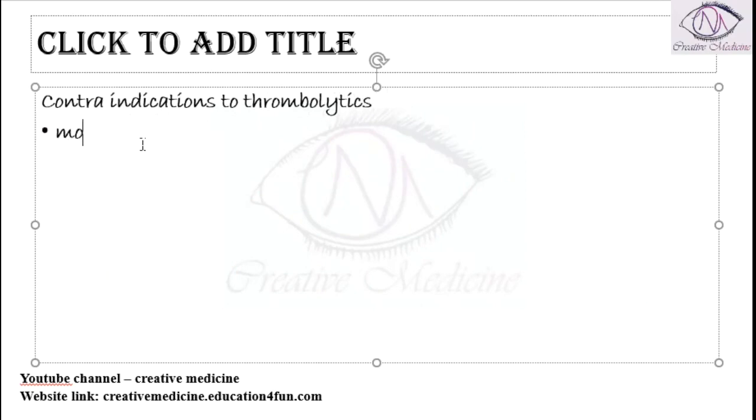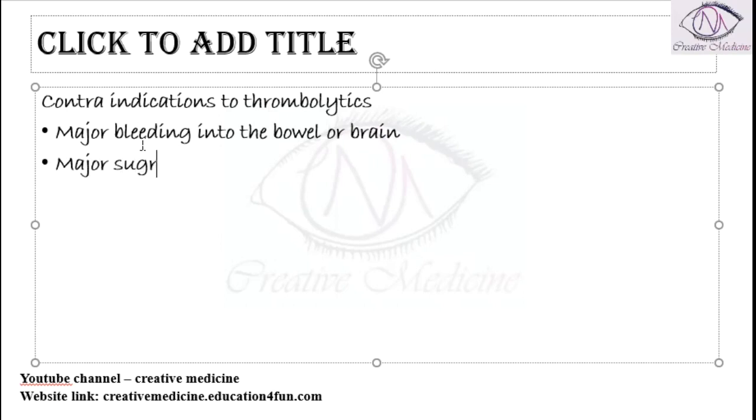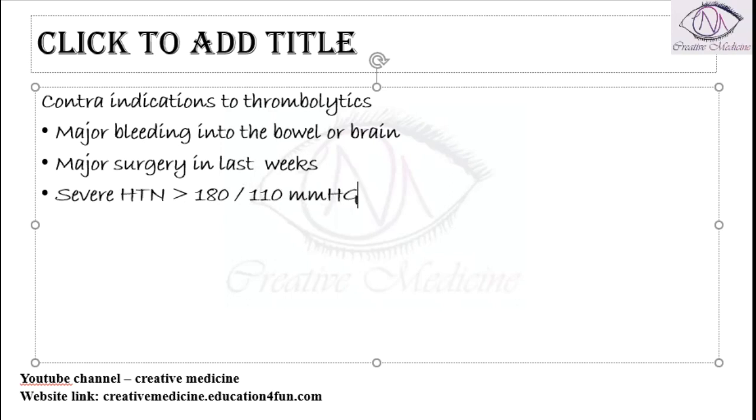Thrombolytics are not used if there is any history of major bleeding into the bowel, or any major bleeding into the brain, or any major surgery in the last 2 weeks, or severe hypertension of more than 180 by 110 millimeters of Hg, or any non-hemorrhagic stroke in the last 3 months. In all these conditions, thrombolytics is contraindicated.